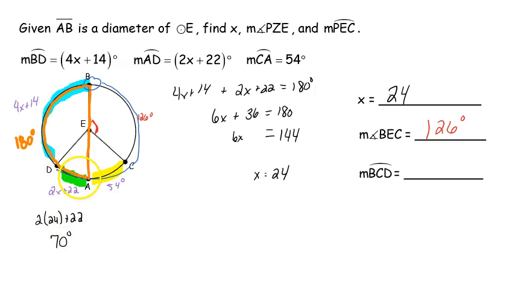I know this arc is 70 degrees, and yes, I know that's 126 and that's 54, but I also already know that this is 180 degrees. So 180 degrees plus the 70 degree arc AD, and I have arc B to C to D being 250 degrees.